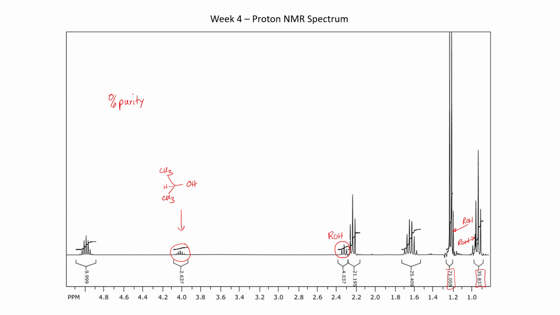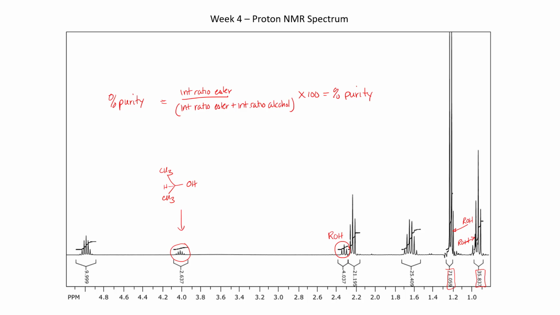What I would do is take the integration ratio of the ester divided by the integration ratio of the ester plus the integration ratio of the alcohol impurity, that total integration, and then multiply by 100, and that will give me the percent purity for this particular sample.